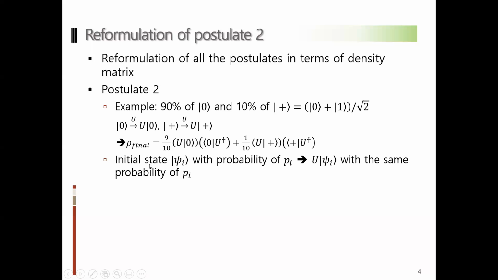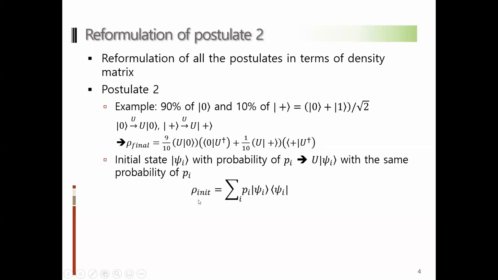We are going to consider a more generalized initial state with psi sub i, which is a pure state with some given probability p sub i. Then we know that this initial state will evolve to U multiplied onto psi sub i, and the probability to have this final state won't be changed compared to the original probability.